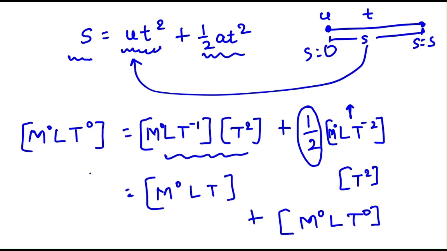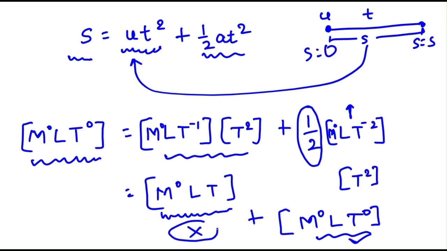So what we can see here, this is dimension of length. This is not the dimension of length, and this is dimension of length. So this is correct, but this part is not correct.